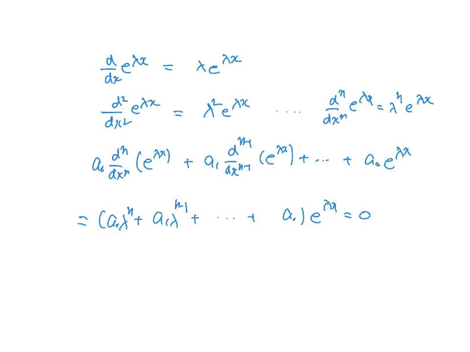But if we are considering when lambda is real, exponential lambda x is never 0, right? So the only possibility is a0 lambda^n + a1 lambda^(n-1) + ... + an is equal to 0.